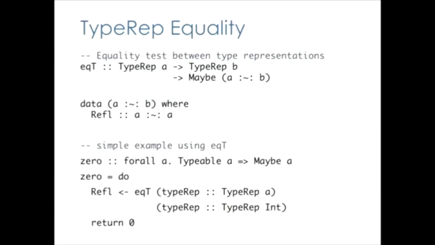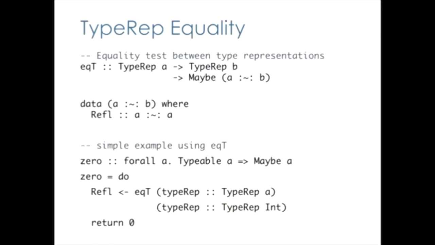If that succeeds and gives us REFL, so I'm using the maybe monad, where with the do, every case analysis for these maybes, if it fails, it immediately stops. Otherwise, we can just pattern match on what was there. So if this succeeds, we're going to get REFL.